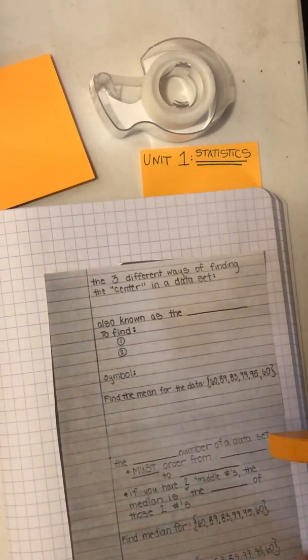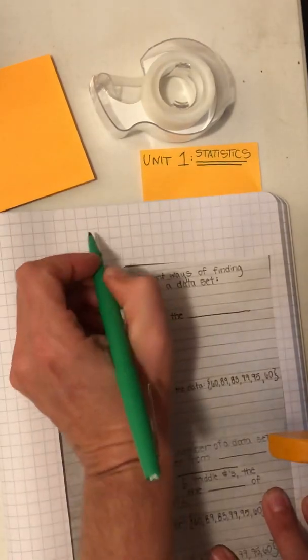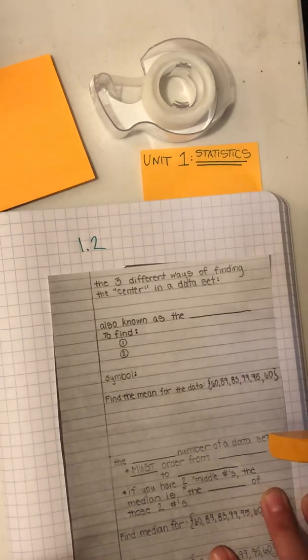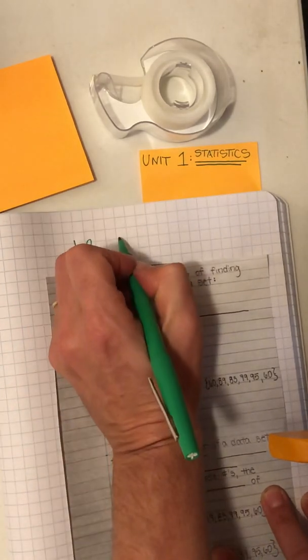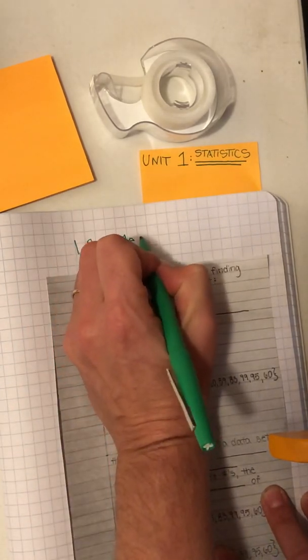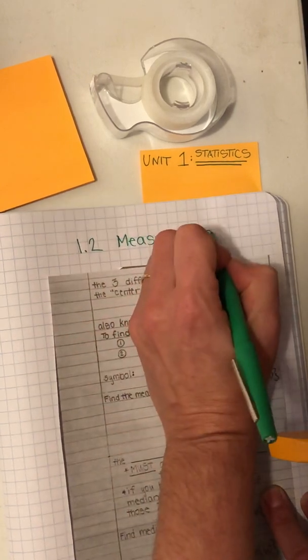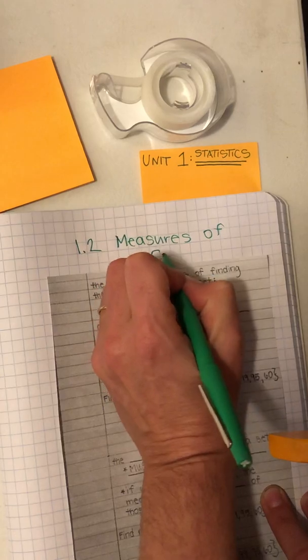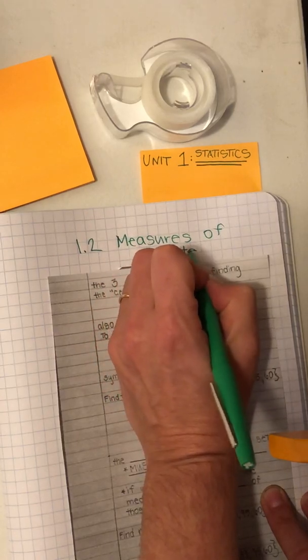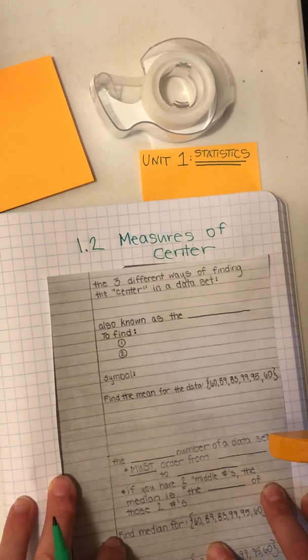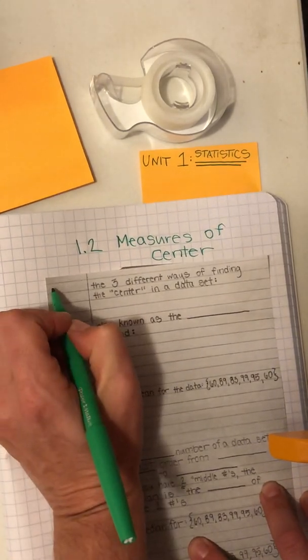So this is going to be 1.2, because 1.1 was today where you just signed up for Canvas. We're calling this Measures of Center. Okay, and then here is the definition.